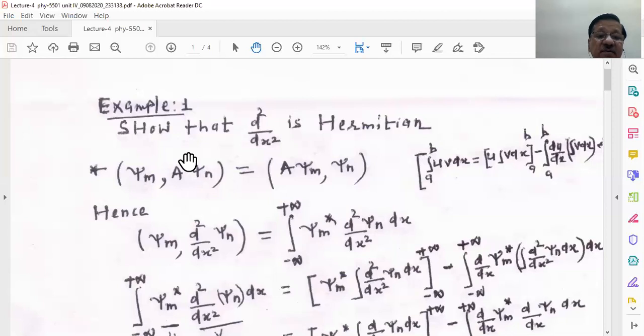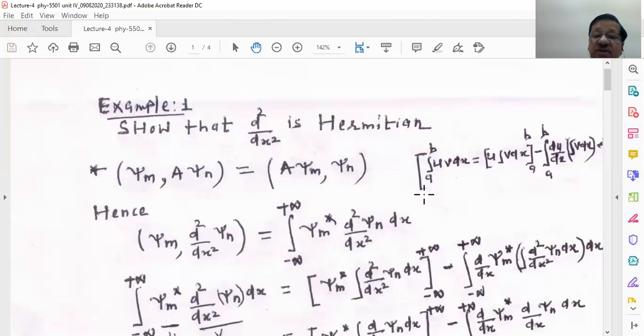This has two variables: one is psi m star, and the other is d square by dx square psi n. This can be solved by integration by parts.